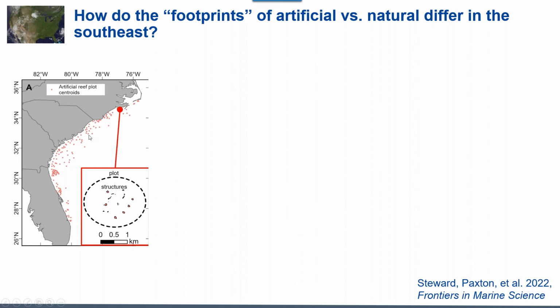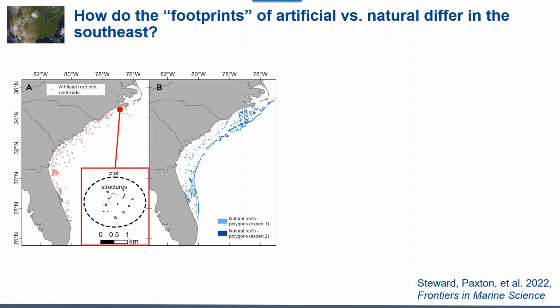We used the data from our national analysis, but again, constrained to this particular geographic area of North Carolina, South Carolina, Georgia, and Florida. We compared our artificial reef footprint data to 3 approaches of estimating the natural reef footprint.